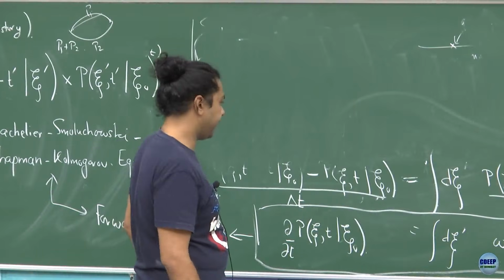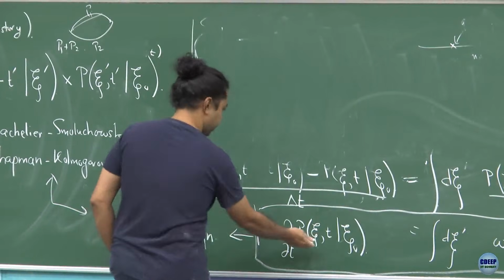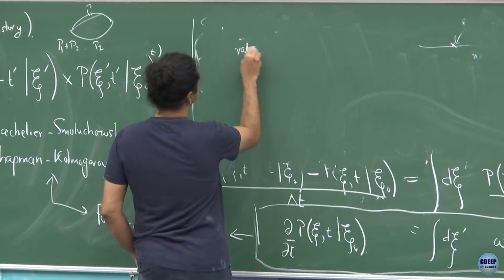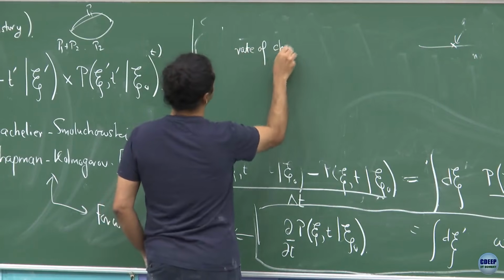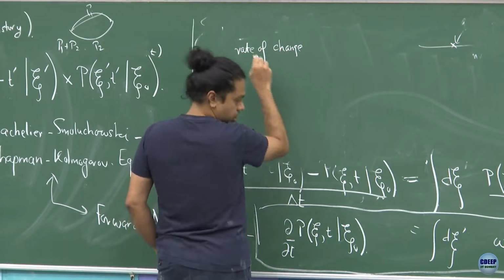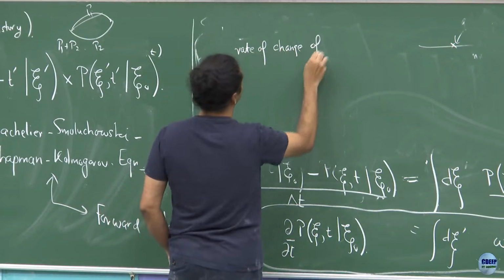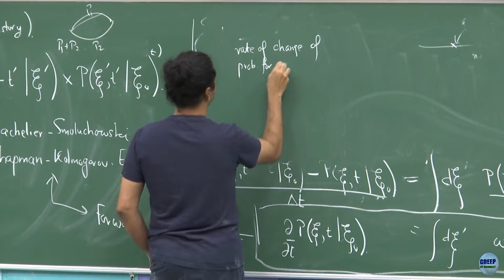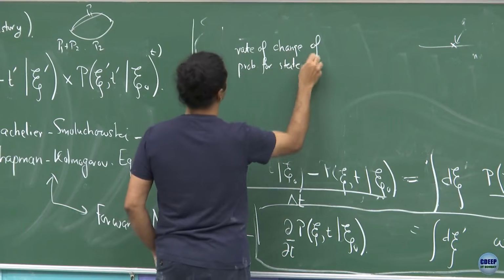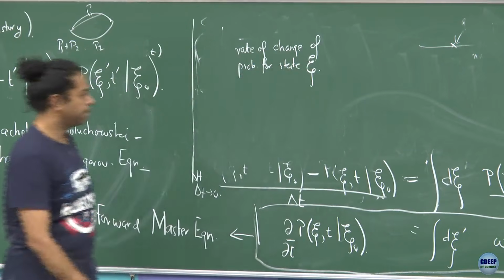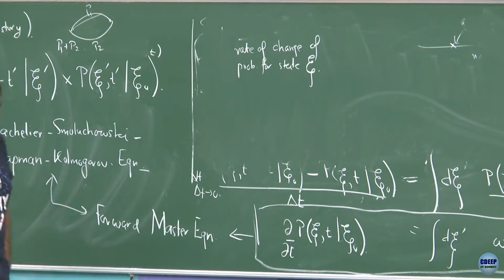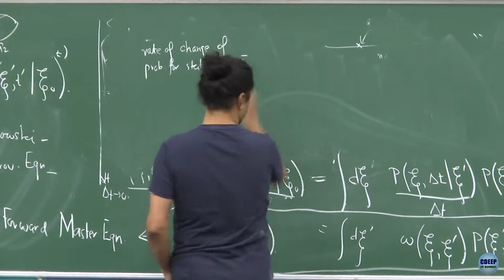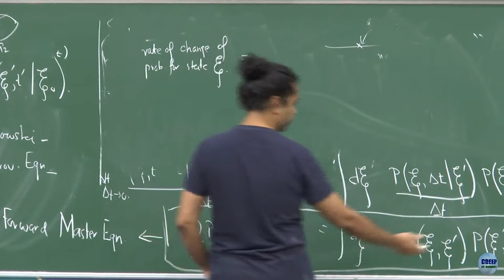All right. So, what I am writing down over here is the rate of change of probability for some state xi, given the initial state. It is a combination of two things.